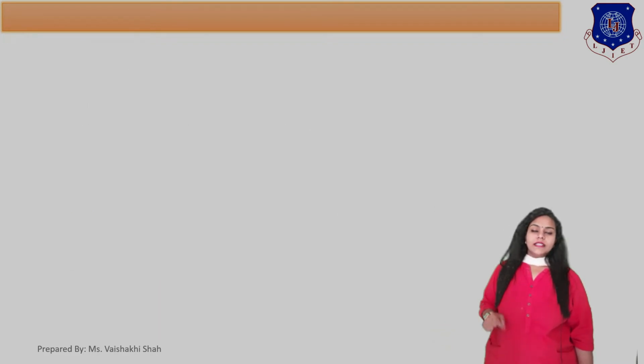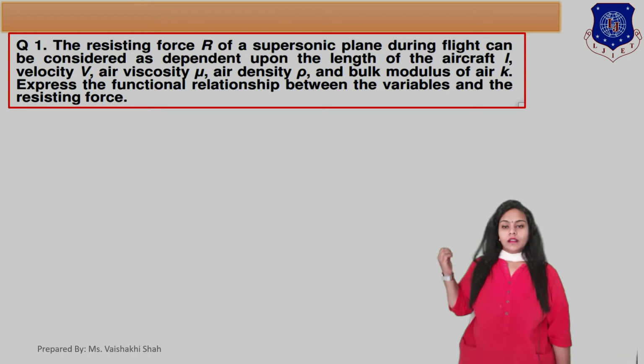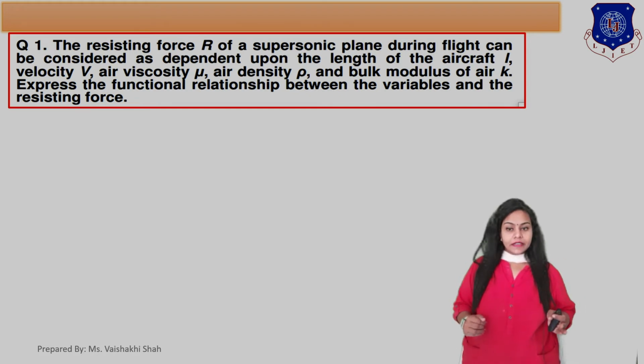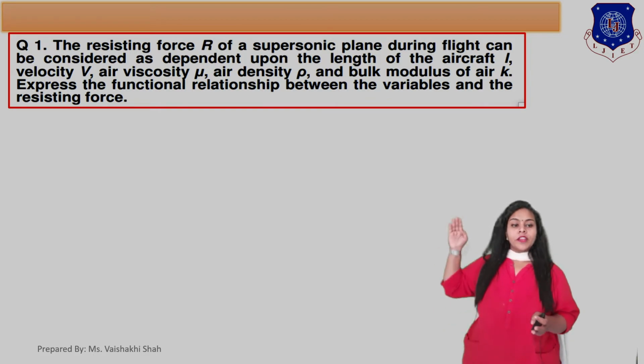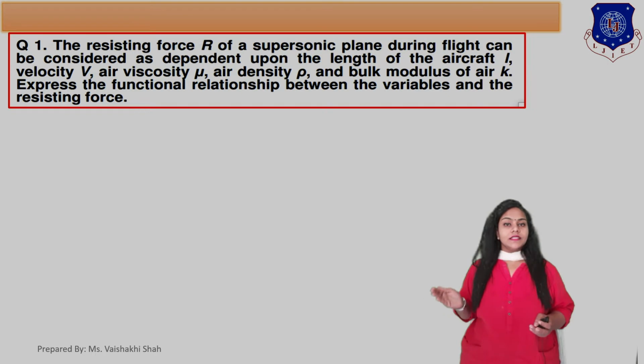So let's start our example. First example: the resisting force R of a supersonic plane during flight can be considered as dependent upon the length of the aircraft L, velocity V, air viscosity mu, air density rho and bulk modulus of air K. Express the functional relationship between the variables and the resisting force.